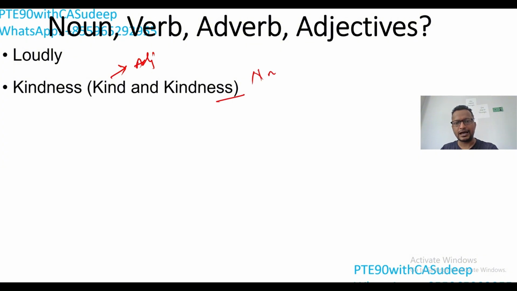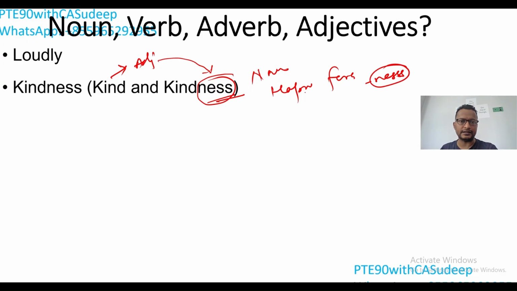Okay, so now if you put ness after an adjective, all this coming ness will turn it to be a noun. Like for example, kindness, happiness, forgetfulness. So all those words with ness at the end of the word will be noun. Okay.